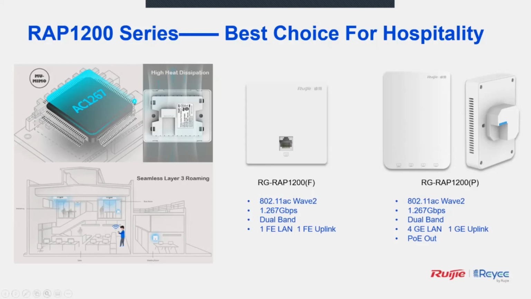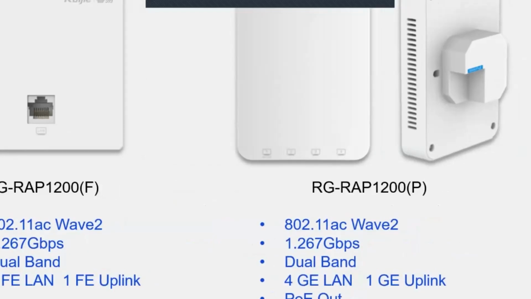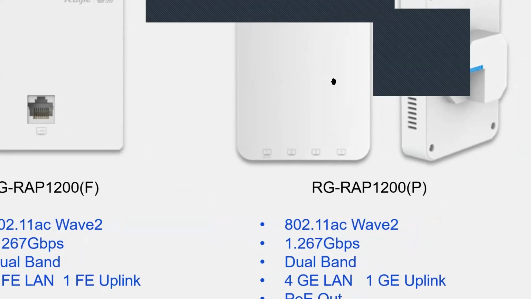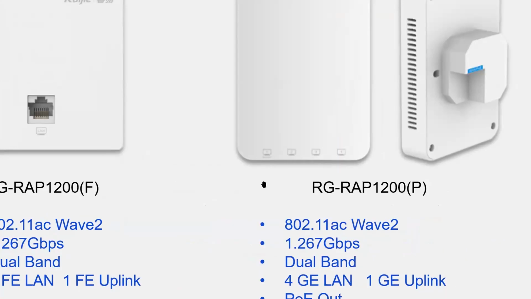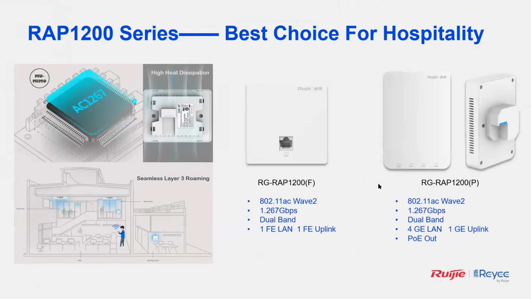And the port number 1 here is quite blurred. Let me change that. Port 1 here supports PoE out. So in some hotel scenarios, we can use this port to connect to an IP phone, and it can provide power for that IP phone.